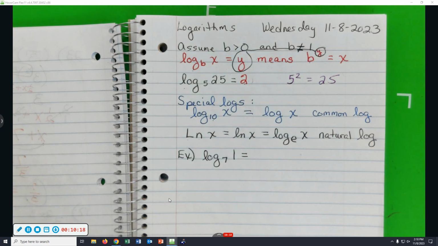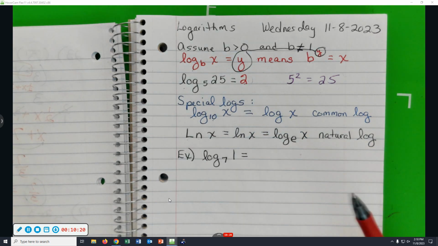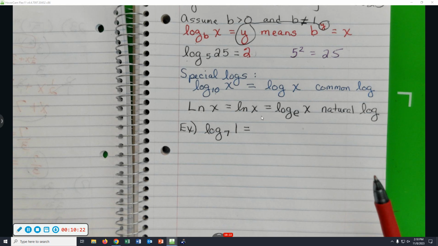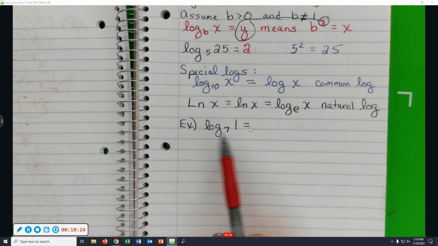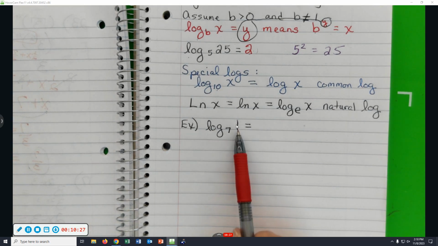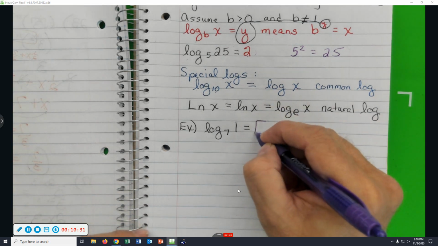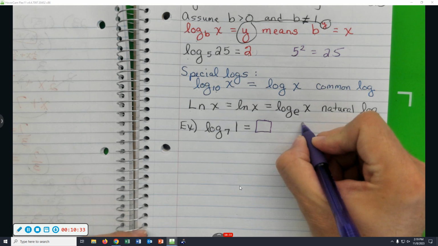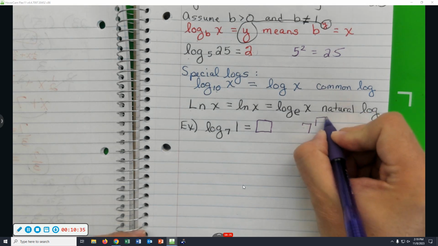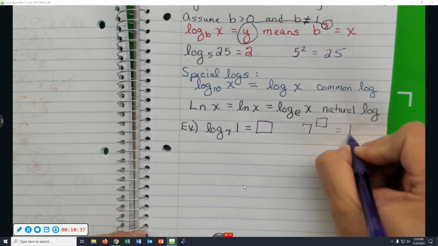This goes back to one of the first things that we wrote on Monday. 7 to what power is going to give you 1? Here's what I'm thinking. 7 to what power equals 1?